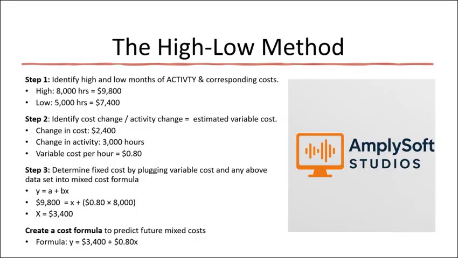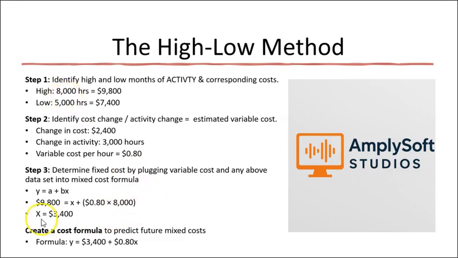Then, to determine the fixed cost, we simply take our cost formula for mixed, that's the slope of the line formula, y equals a plus bx, and we plug in known variables. We know that the variable cost is 80 cents, and we could use one of our two data points here. Let's use the first, 8,000 hours with a total cost of $9,800. Plug in 9,800 for y, and we're trying to solve for the fixed portion, if we know that we have 80 cents as a variable cost and there were a total of 8,000 hours.